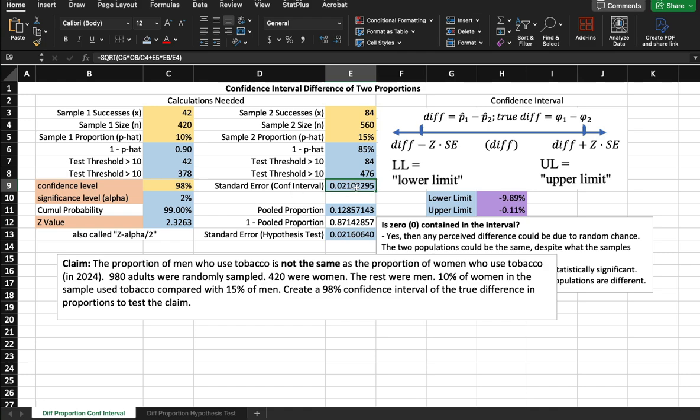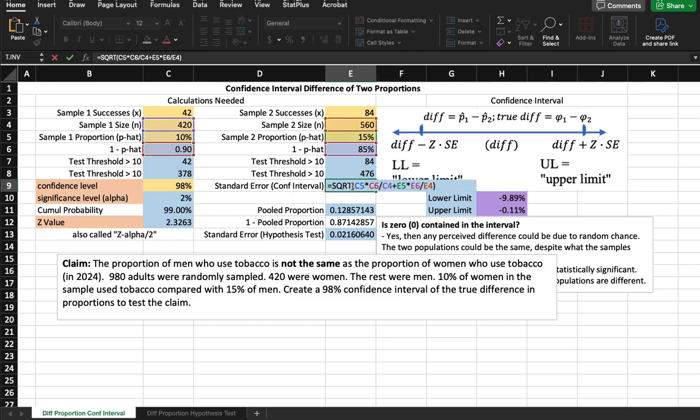Let's just look at that formula, and then I'm going to end this video and take it up in part 2. So we're going to end part 1 here with our standard error calculation for a confidence interval. And that's in cell E9 here. So equals SQRT. SQRT is a square root, because standard error is similar to a standard deviation. So anytime you're calculating standard error, you're going to be taking the square root of something.